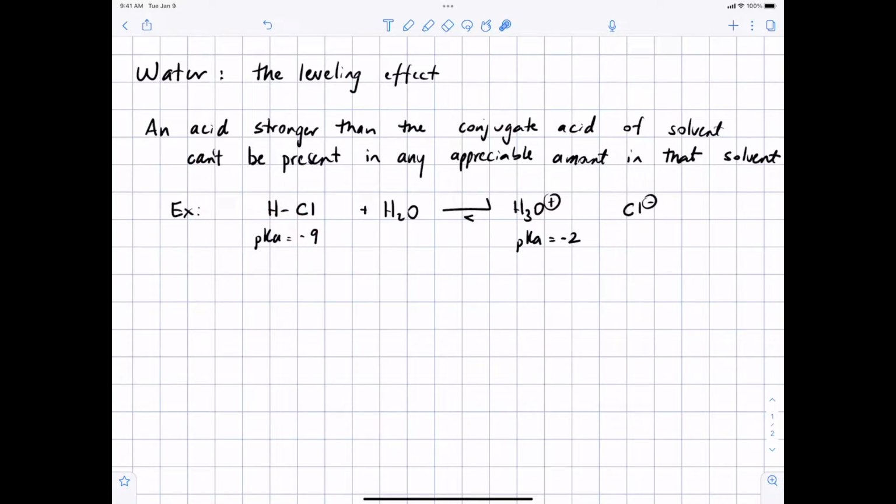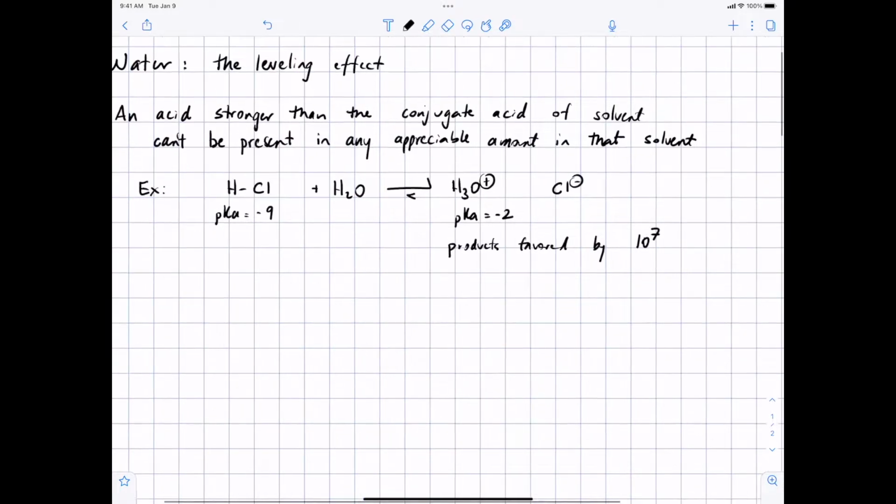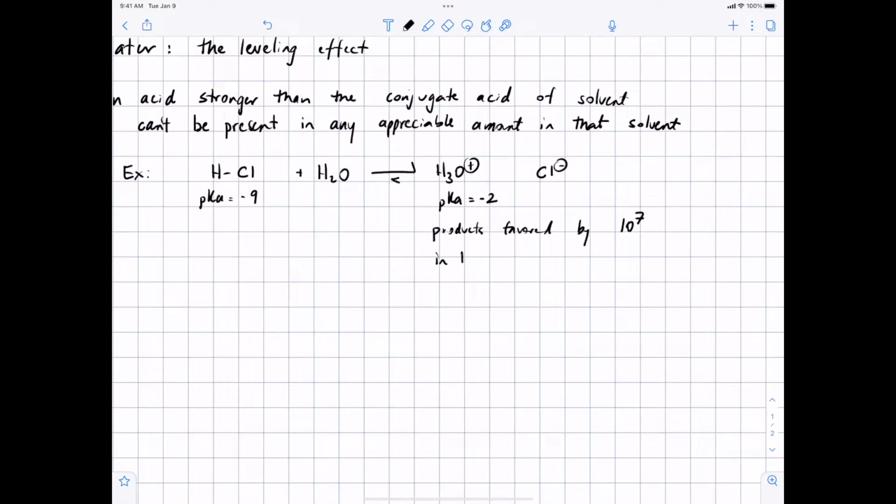The strongest acid loses its proton. What that means is the equilibrium constant here favors products by like 10 to the 7. So that means that in water, there is no HCl. Which may sound weird because, of course, you can buy concentrated HCl in water, but what it really is is hydronium and chloride. Does that make sense?